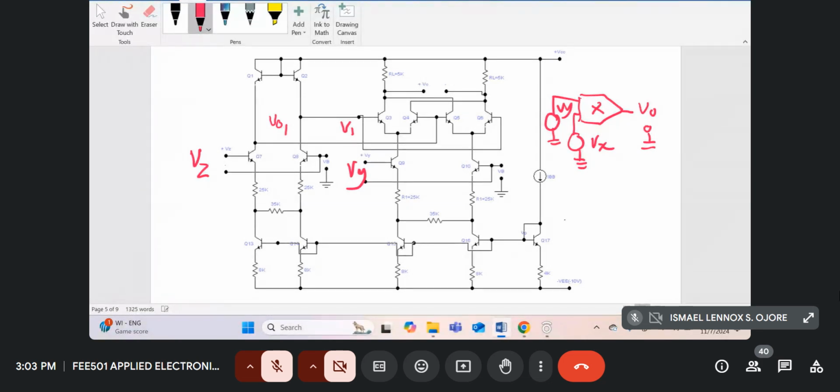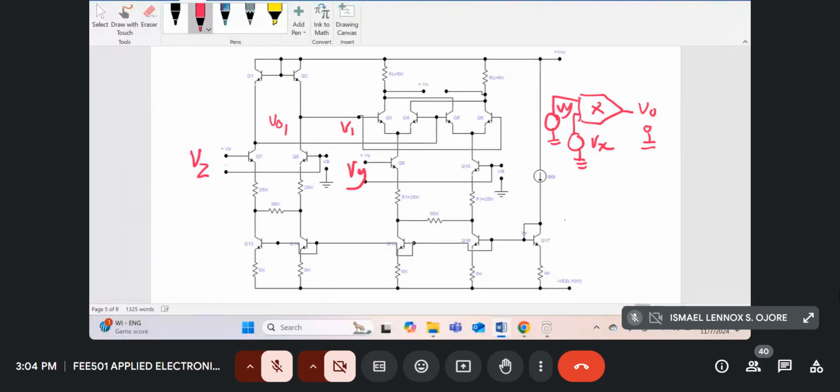So in the next class, we shall analyze the Gilbert multiplier cell and show that with this configuration also, we are able to multiply. I'll deal with the Gilbert multiplier cell with the emitter resistance at Q9 and Q10 having some value R1.